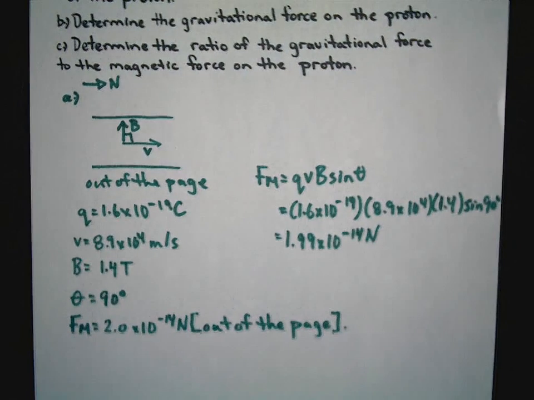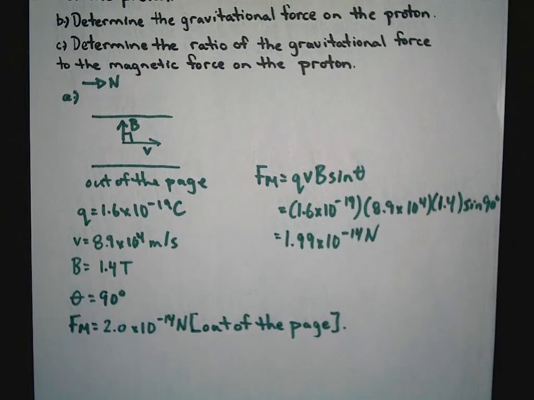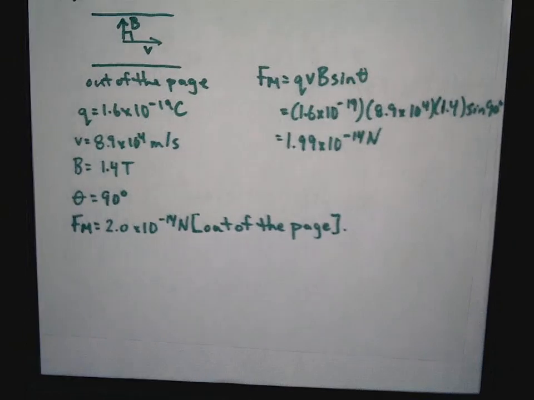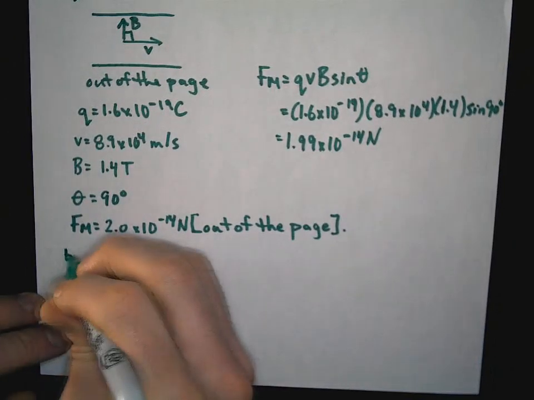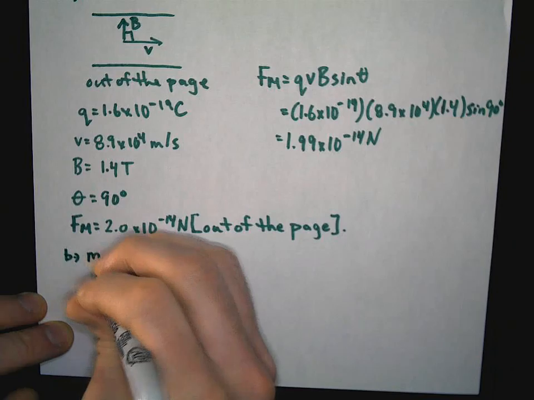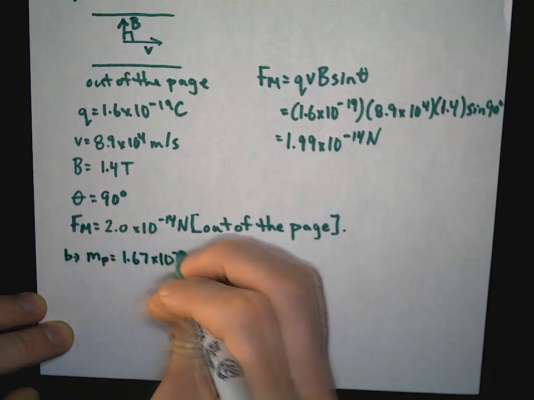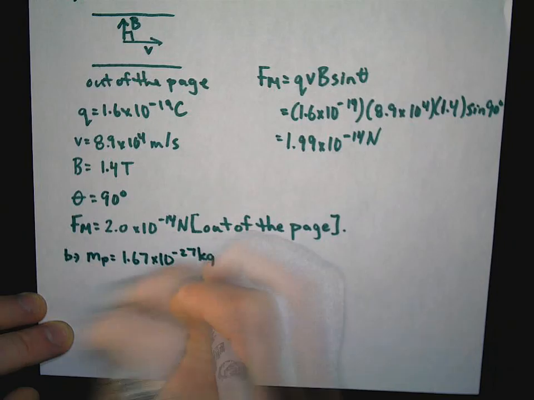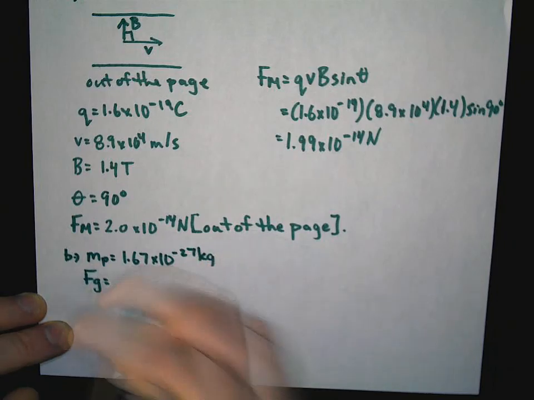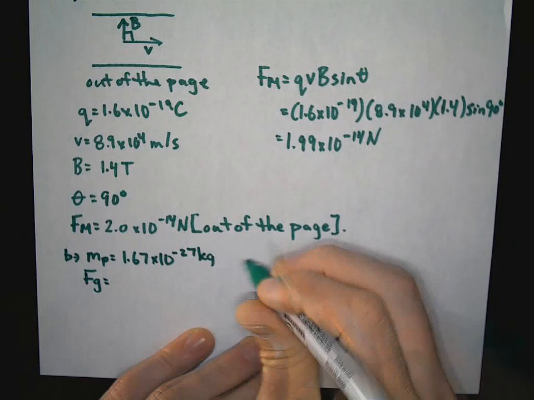Let's go to part B, where we are determining the gravitational force of the proton. The mass of a proton is 1.67 times 10 to the negative 27 kilograms. We can very easily calculate that gravitational force now.